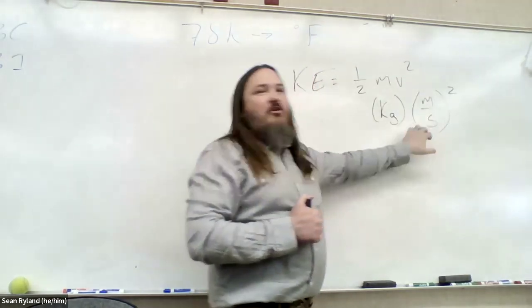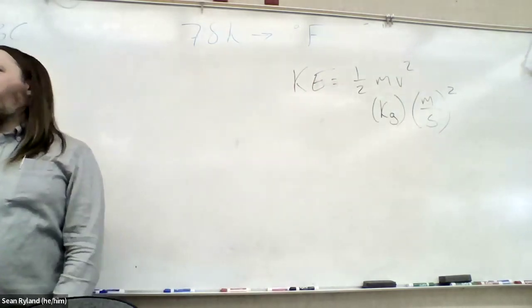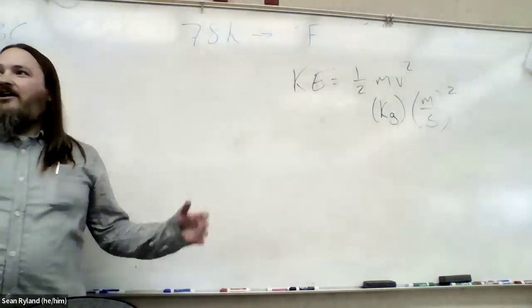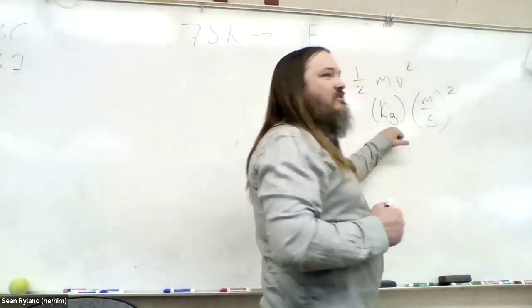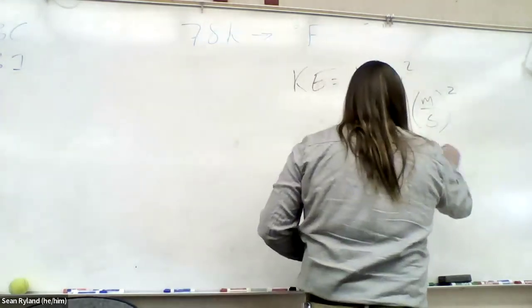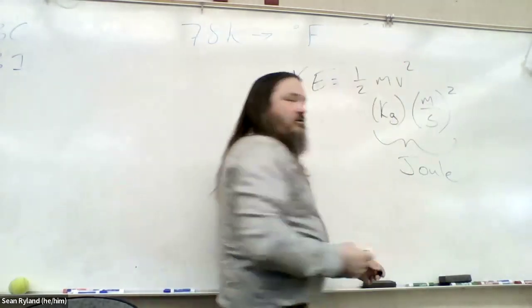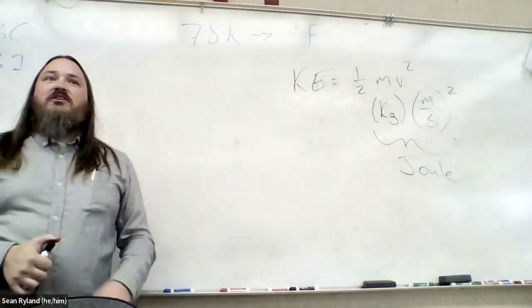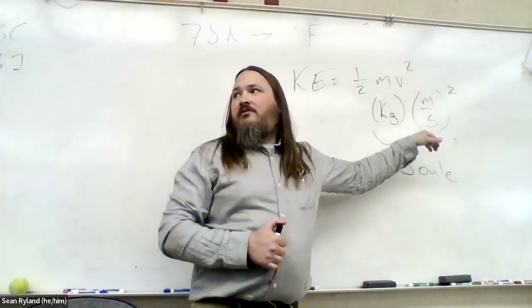And so basically, anytime you get something like this in physics, what physicists like to do is they just redefine this as a new unit. Say, okay, well, kilograms times meters squared over seconds squared doesn't make any sense. So we're just going to take this whole thing and call it a joule. So a joule is a unit of energy that's made up of these other units.